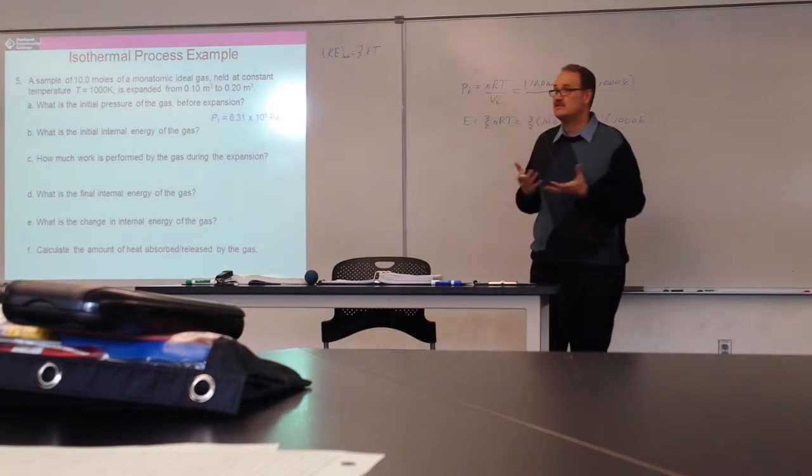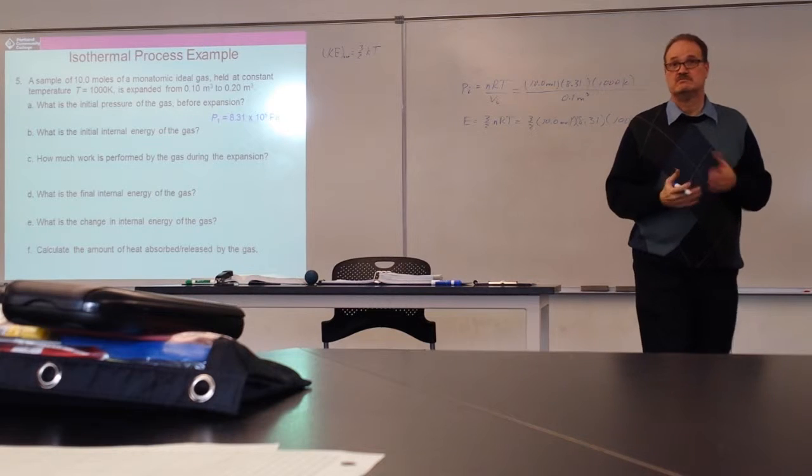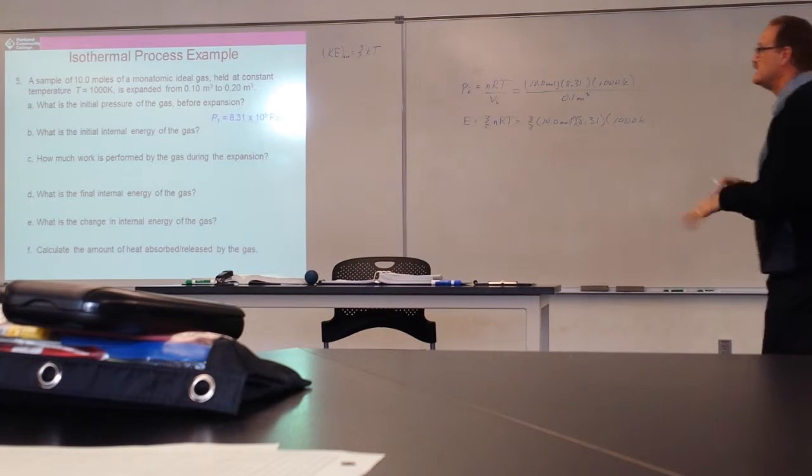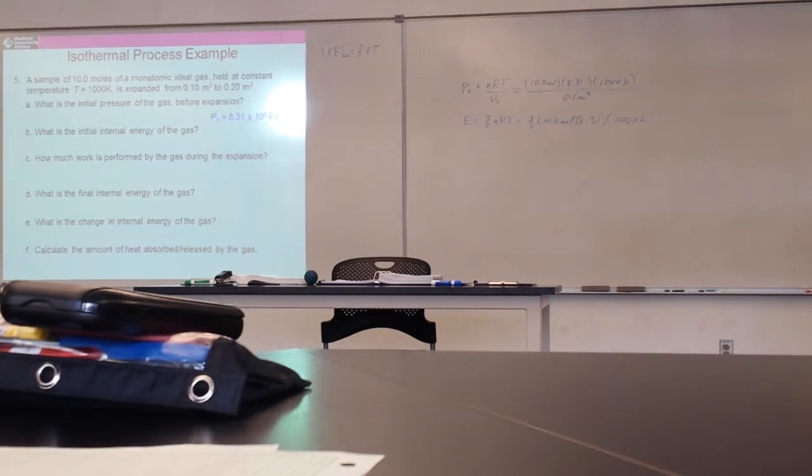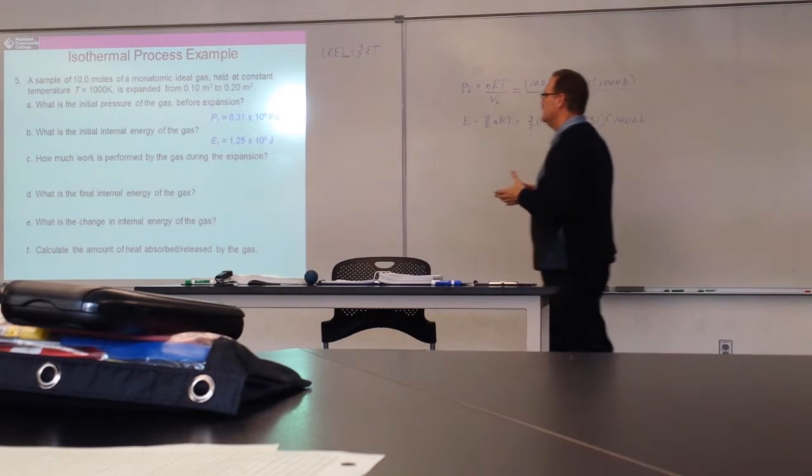So that's its starting energy. Plug that in, type. You're about as fast as I am walking over here, so you got it yet? Nope. No? Okay. No pressure. Oh, 124,650. 125 times 10 to the 5th joules. All right, so that's the initial energy.